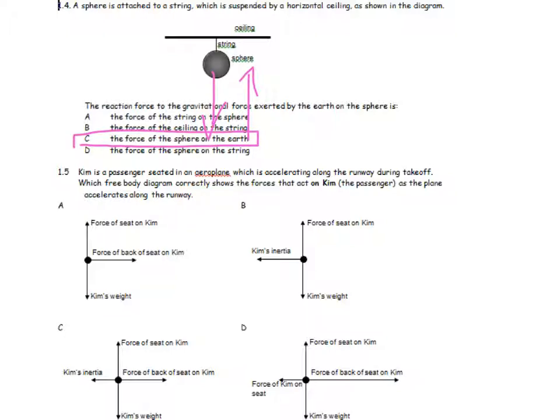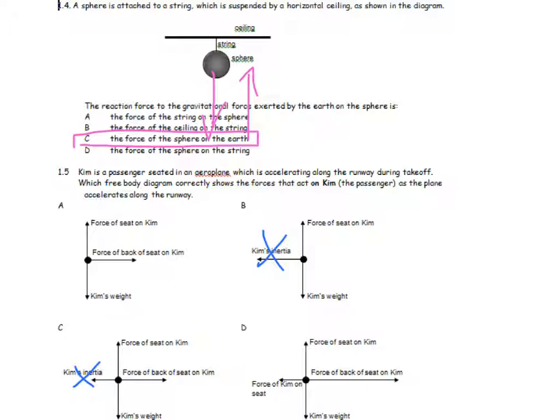We've got Kim as a passenger on an aeroplane, which is accelerating along the runway during takeoff. Which free body diagram correctly shows the forces that act on Kim if the plane accelerates along the runway? By the way, inertia is not a force. So as a result, we can cancel both of these over here.